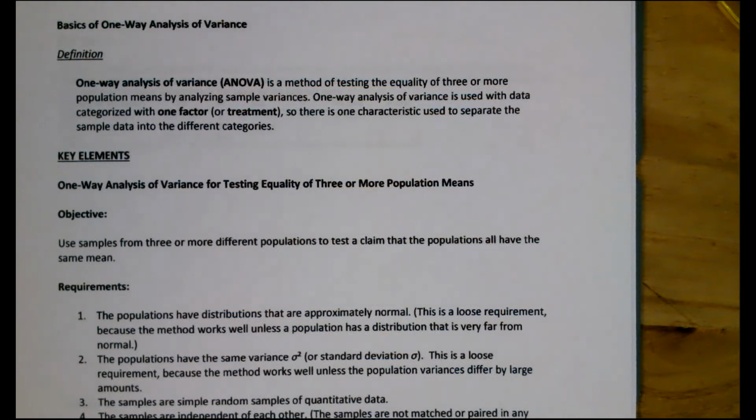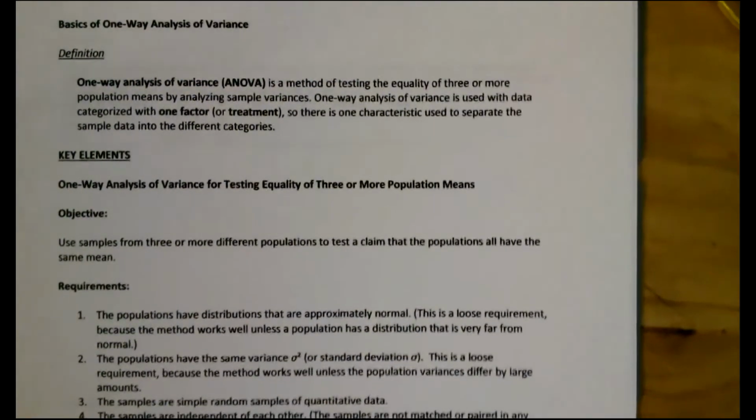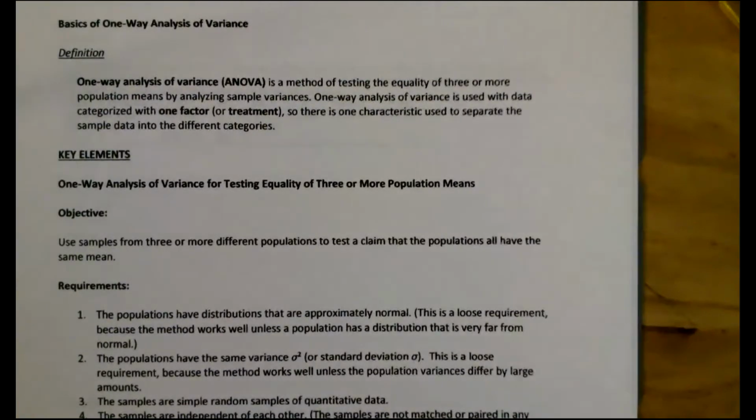So there is one characteristic used to separate the sample data into different categories. Now, here are the key elements for one-way analysis with three or more population means.